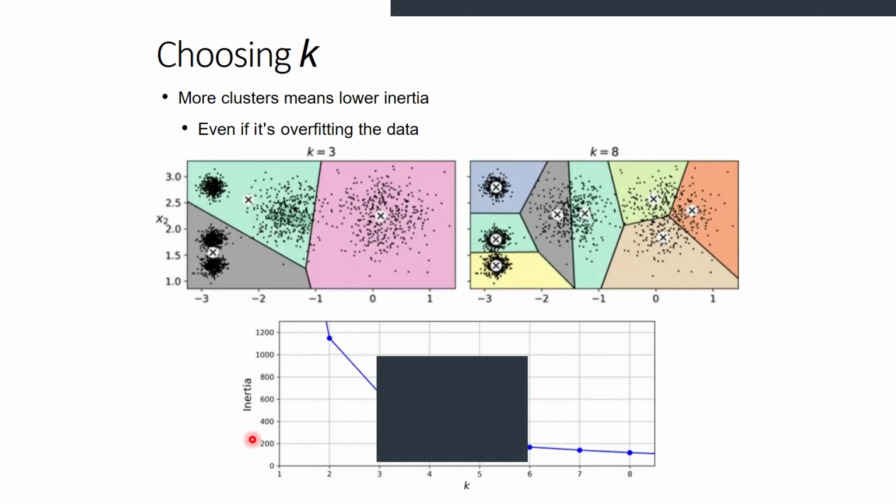So the inertia is going to be drawn. In the clustering, how many data points are going to be added here? When you perform with three clusters, it's very neat. With eight clusters, each and every data point is going to be differentiated.